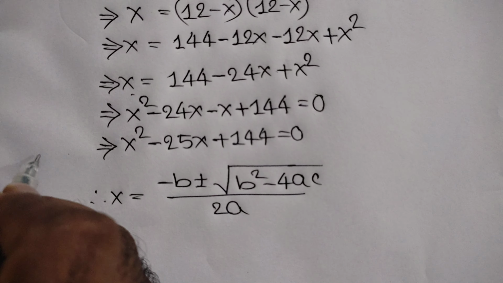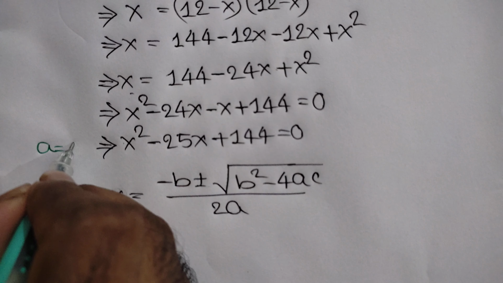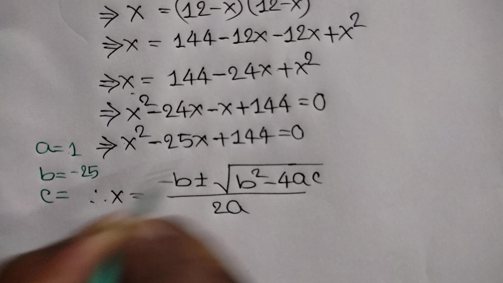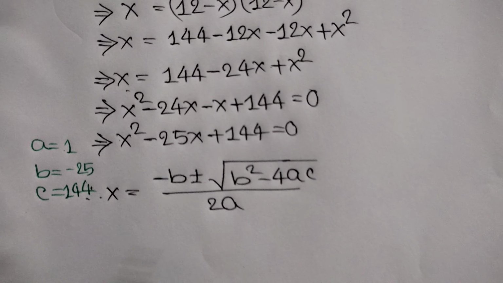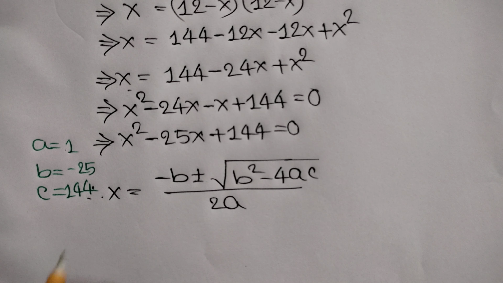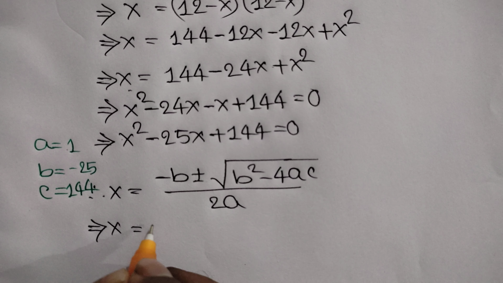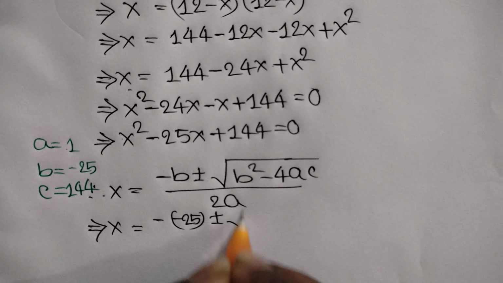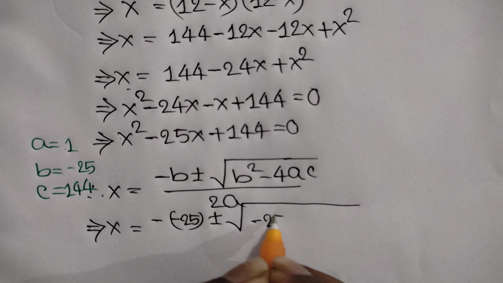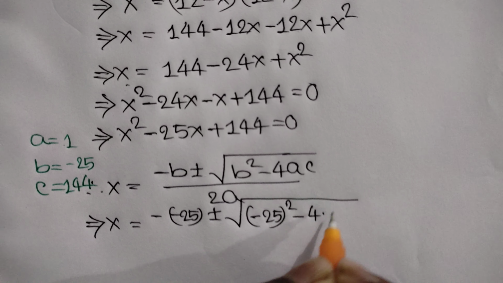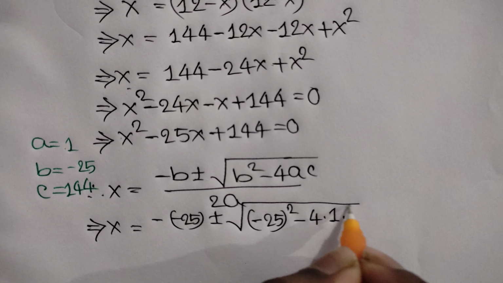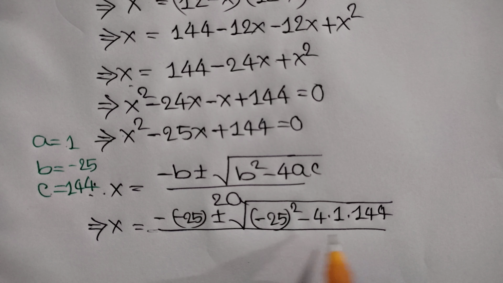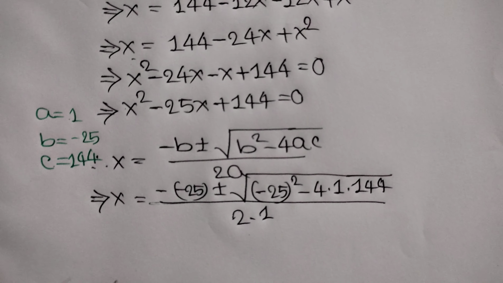Here a is equal to 1, b is equal to negative 25 and c is equal to 144. So x is equal to minus b, that is negative negative 25, plus or minus square root of negative 25 square minus 4 times a, which is 1, times c, which is 144, over 2 times a, that means 2 times 1.